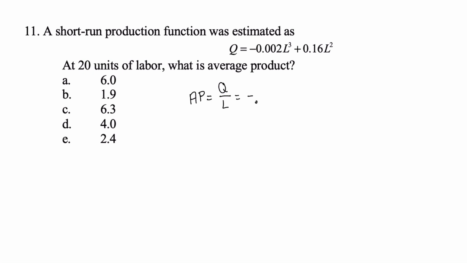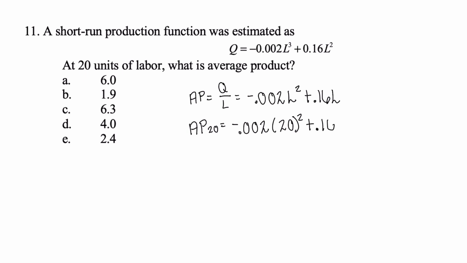So we're going to have negative 0.002 L squared plus 0.16 L. And then we're going to substitute in a 20 everywhere we see the L. So negative 0.002 times 20 squared plus 0.16 times 20 gives us 2.4.